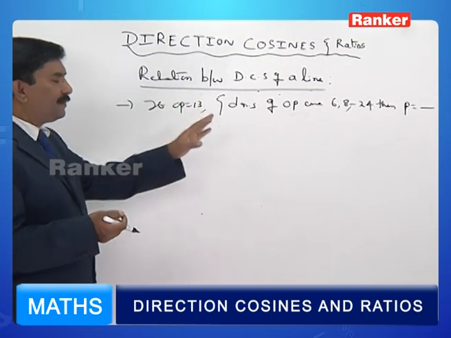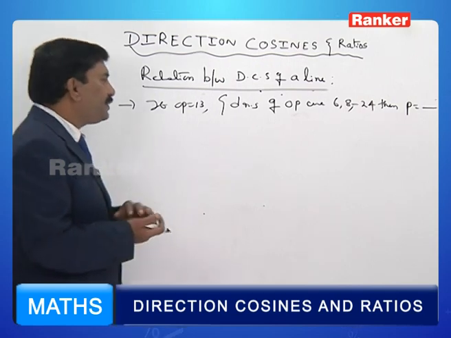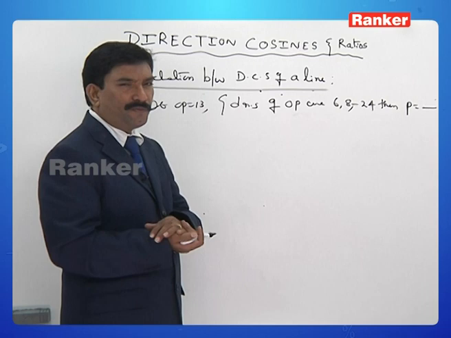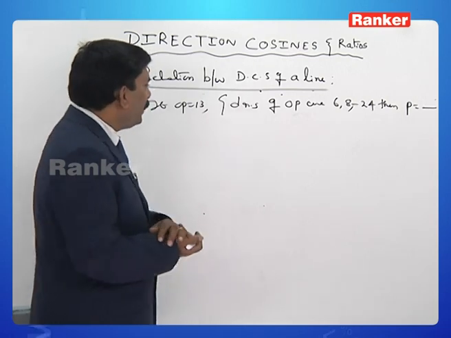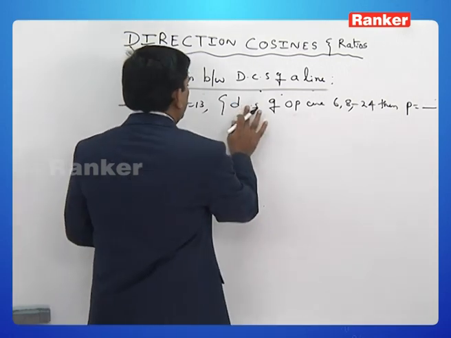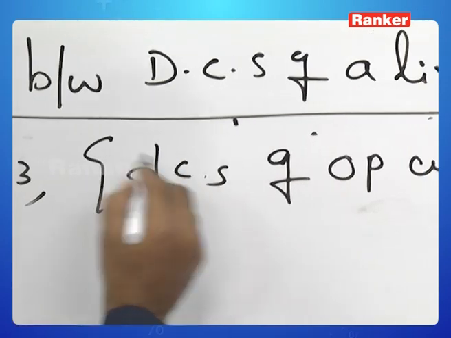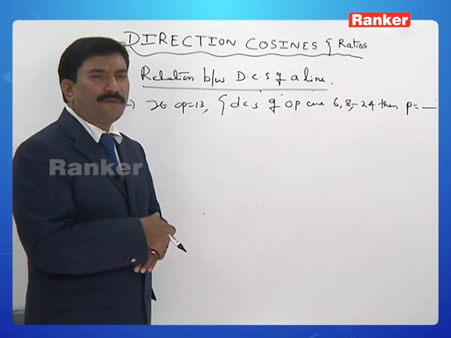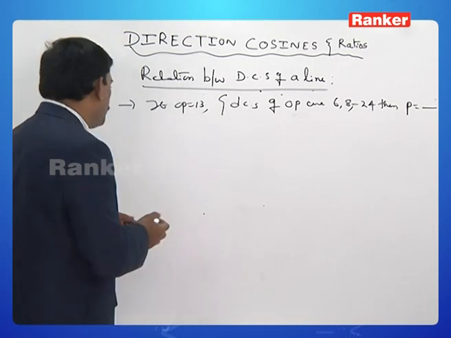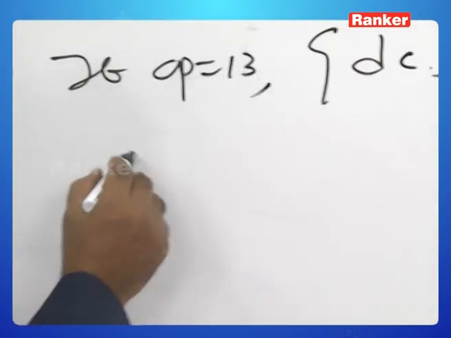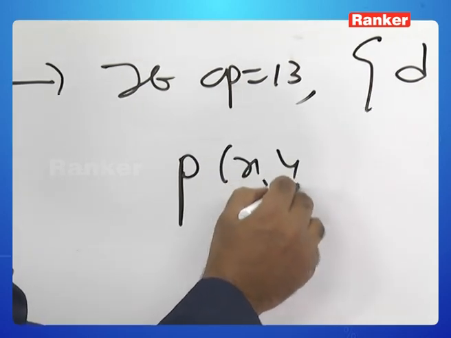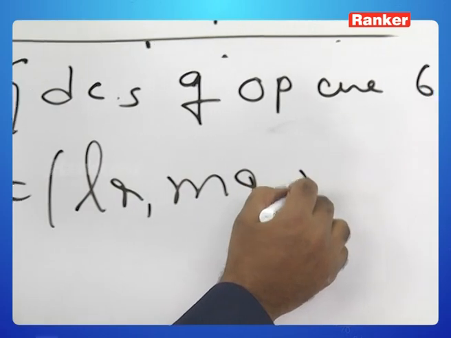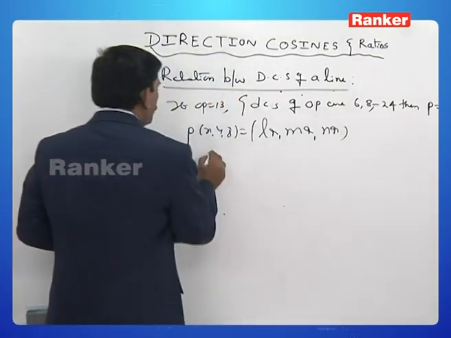If OP is equal to 13, DRs of OP bar are 6, 8, minus 24. Then if I go for DCs also, you can go for this. Okay, DCs of OP bar are 6, 8, minus 24. Then P is equal to dash. Now P of x, y, z can also be written as lr, mr, nr. What is OP?